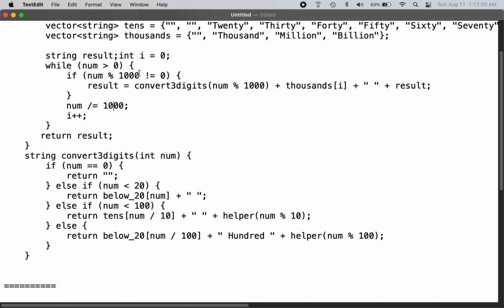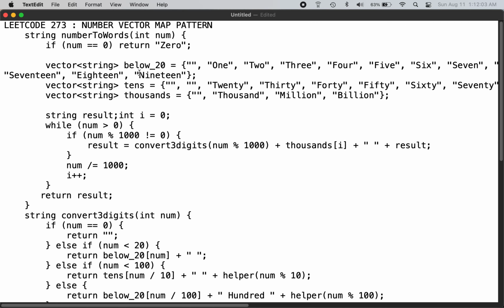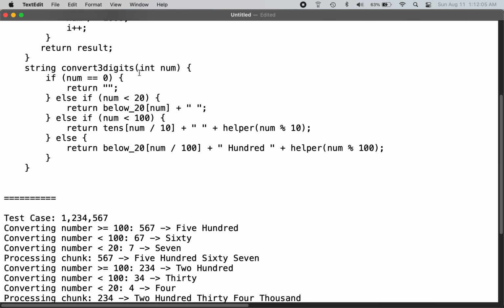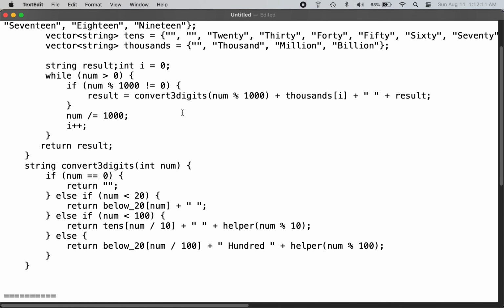You get 567 first, then you divide by 1000, it becomes 234, and you convert 234, and the remainder will go to the million.